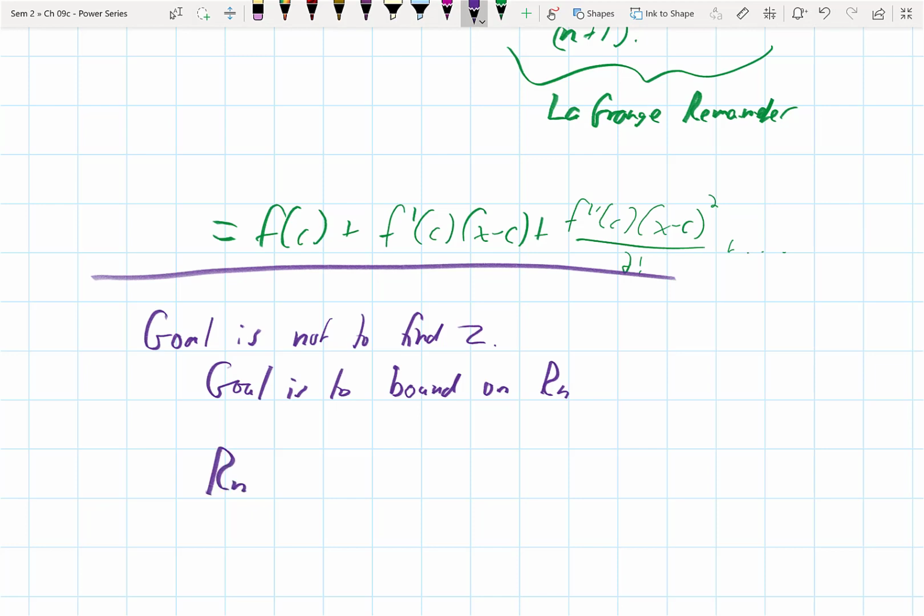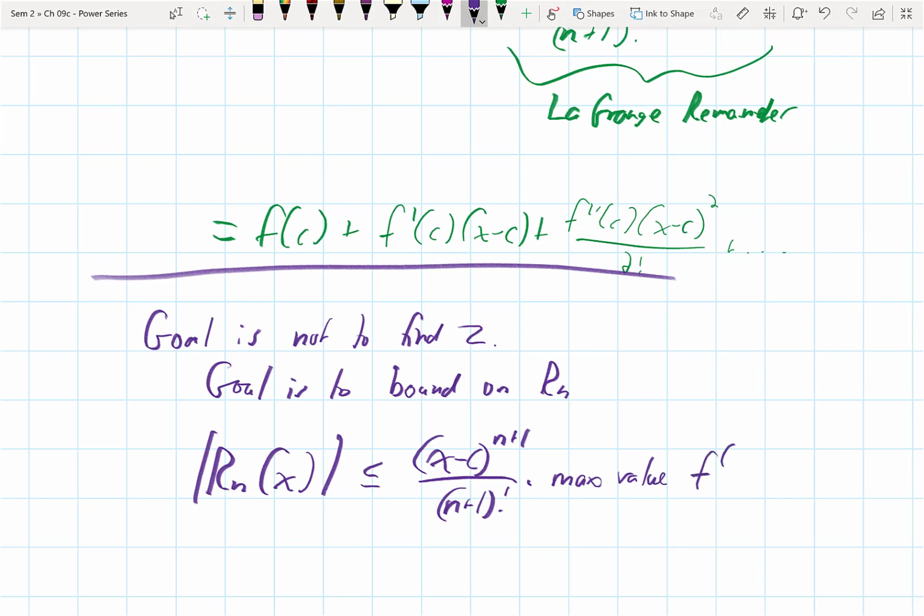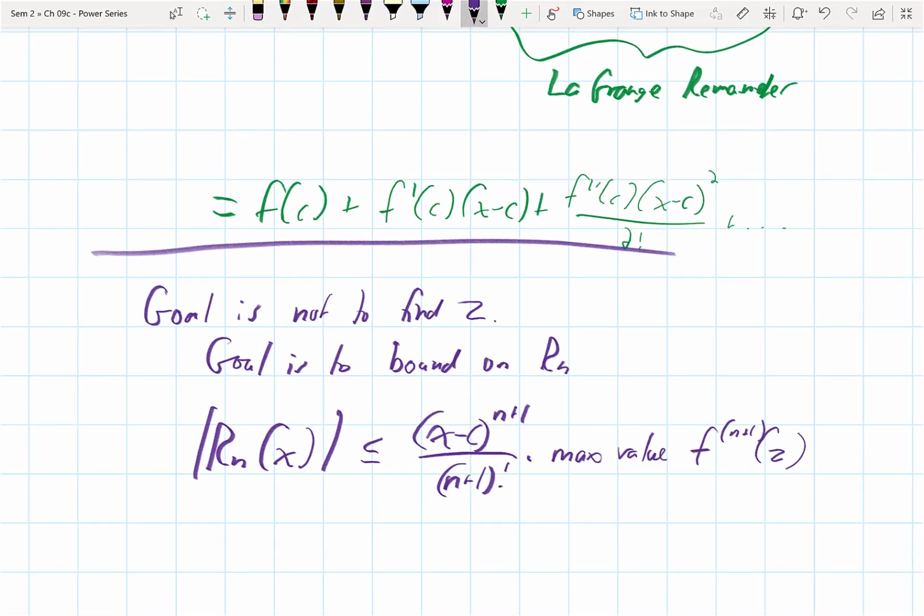So what we're really going to do is say this remainder, r sub n of x in absolute value, is less than or equal to (x minus c) to the n plus 1 over (n plus 1) factorial times the maximum value possible of the n plus 1th derivative of f at z, for a z in between x and c.